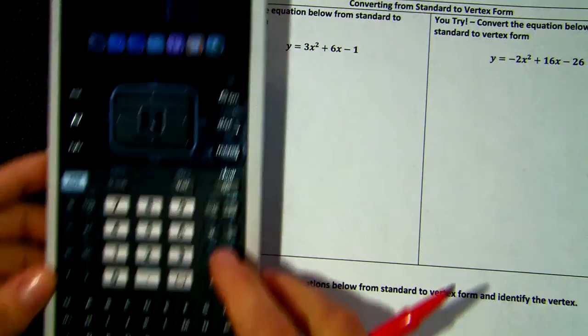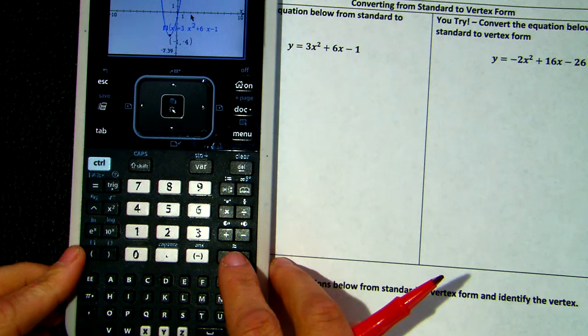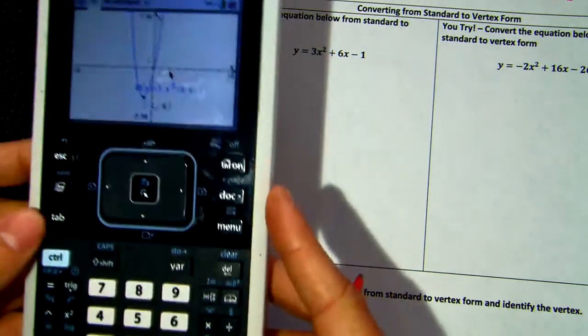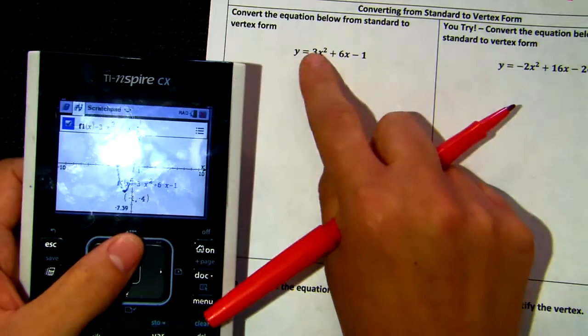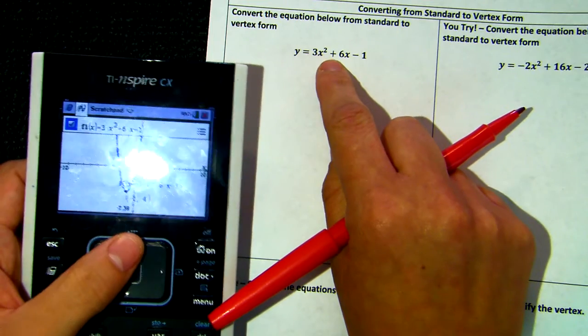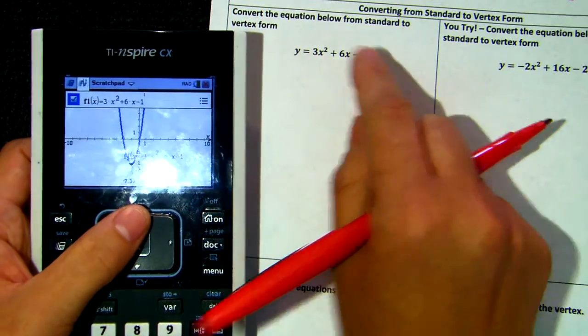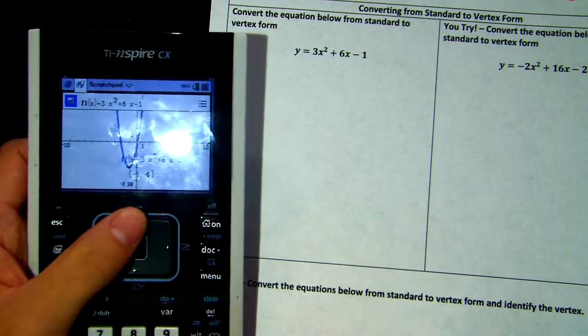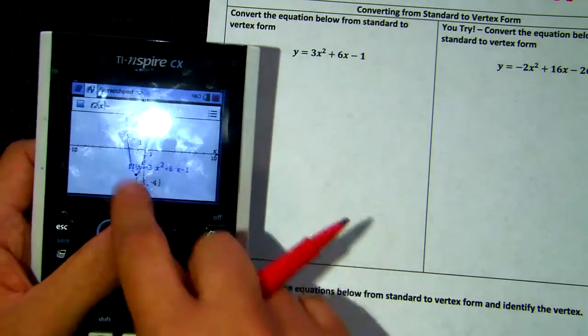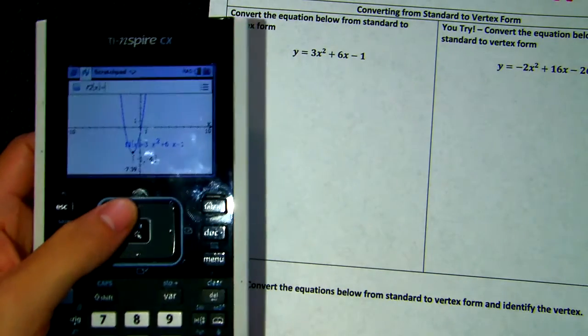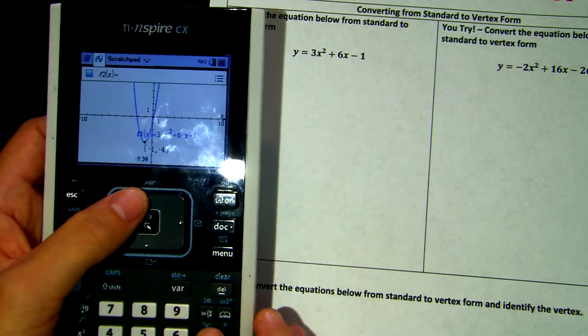You go to graph on your calculator and then type in the equation given. So I just typed in 3x squared plus 6x minus 1 into my graph, and I clicked enter, and it gives me this equation right here. Now what I need to find is the vertex.